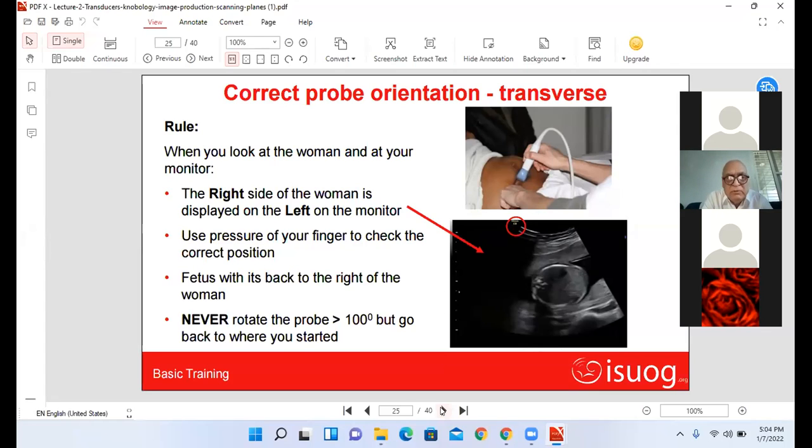Probe orientation is not difficult, and when we do the simulator or on-site training for new people, it is very easy to do. And of course, the ebook has described it so well that possibly you don't need somebody to teach you. Next slide, please.